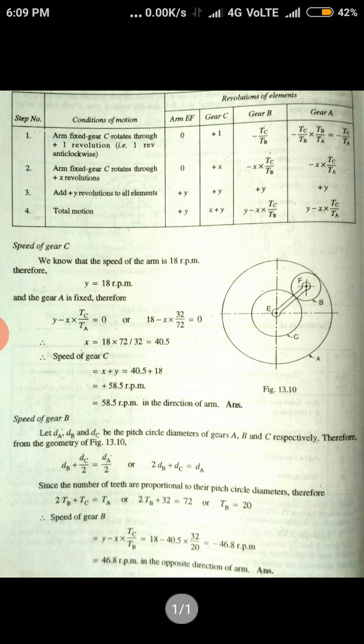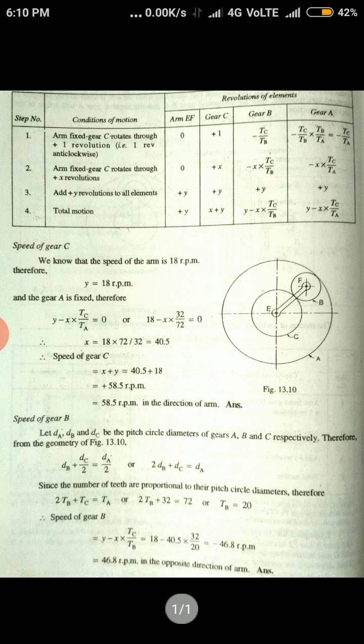So multiply equations 1 and 2. TB gets cancelled, and we get minus TC by TA.